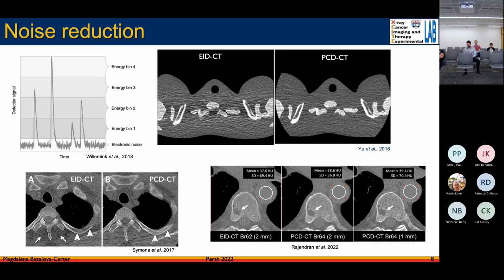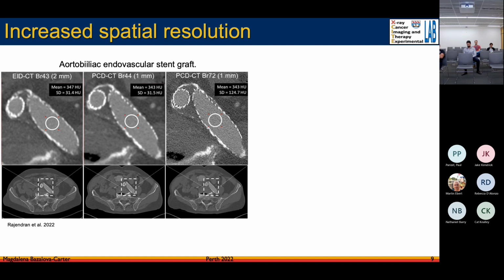So noise reduction is one of the aspects, and the other one, the main important one, at least as far as I'm concerned, and I think as far as the community is concerned, is the increased spatial resolution. These are images of a patient with endovascular stent graft, and again, this is the same imaging dose with 2 millimeter slice thickness and 1 millimeter slice thickness, and you can already tell that the spatial resolution, like the stent struts, can be much more clearly visualized in the PCT-CT compared to the EID CT.